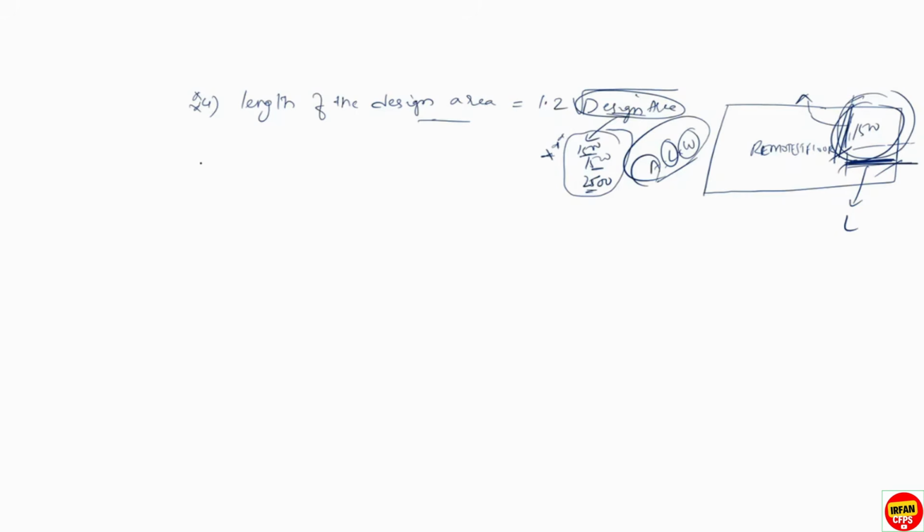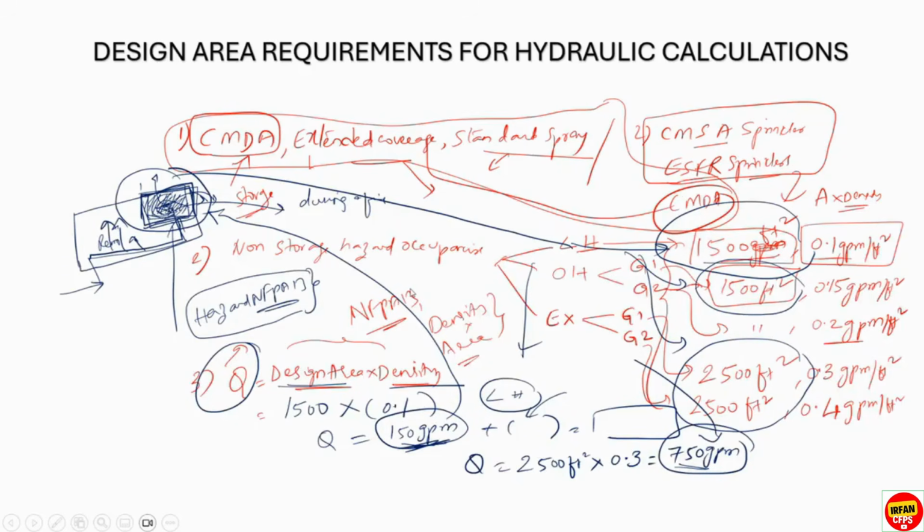Okay, now you know the length of the design area formula and the basic concepts before we select the design area. There is one more formula, but before that, look at this. Theoretically, we are getting 750 GPM for the extra hazard occupancy based on this area and density.